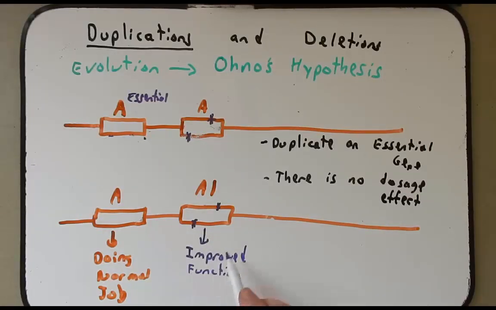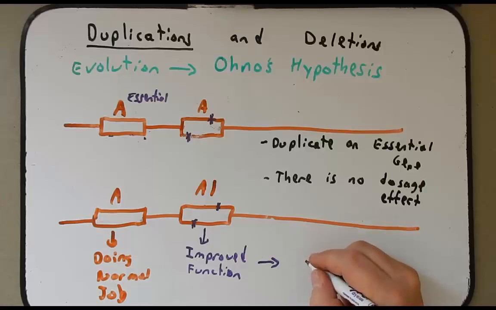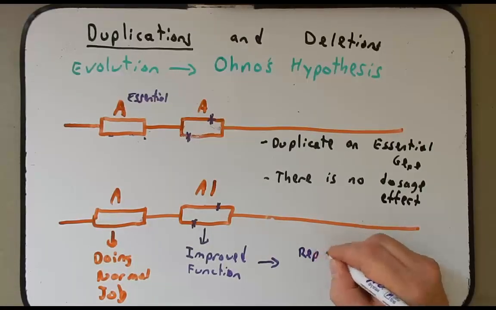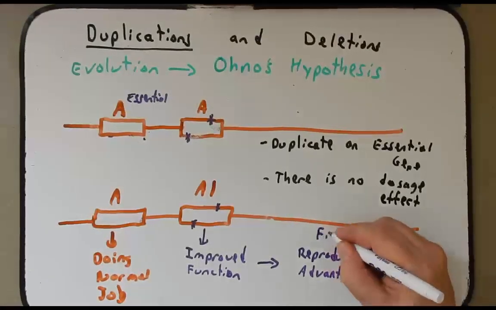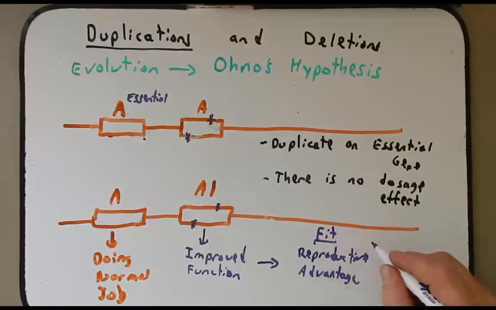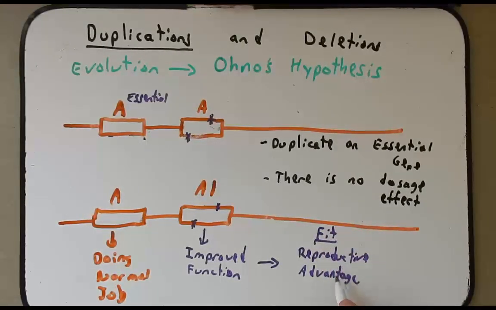Regardless, what I'm saying is this improved function leads to a reproductive advantage. For whatever reason, this improved function makes this organism more fit, meaning, when I say more fit, I don't necessarily mean stronger. I mean that it can produce more offspring. And by producing more offspring, it passes this newly improved gene on.